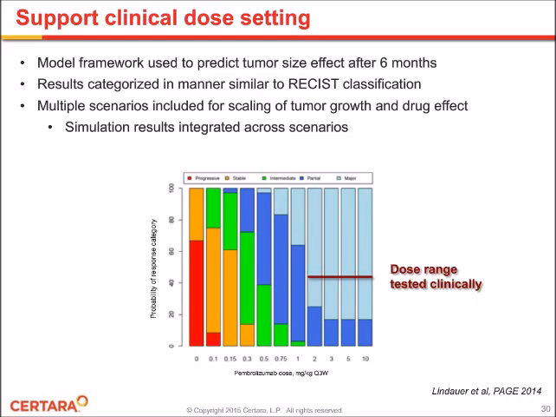The MTD hadn't been established, as I said, and the phase 1 study had gone up to 10 milligrams per kilogram. So that was the dose range, 2 to 10, that was brought forward in the efficacy studies. So translational work here was really used to pinpoint that lower end of the dose range to be tested clinically.